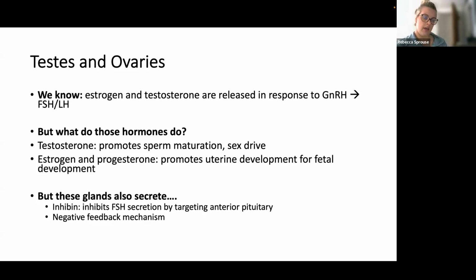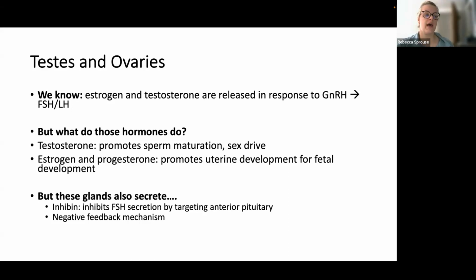Interestingly enough, and I want you to keep this in mind for the case study this week, these glands also secrete something called inhibin. And inhibin is released by the ovaries and testes in response to a lot of FSH and therefore testosterone and estrogen secretion. And what it'll do then is it'll tell the anterior pituitary to shut off the FSH for a while, right?